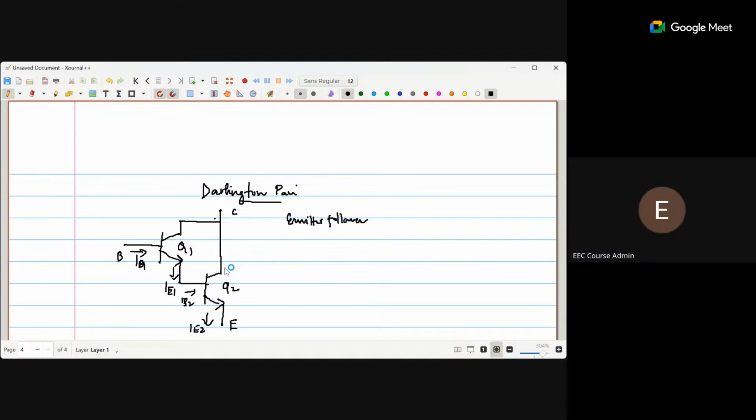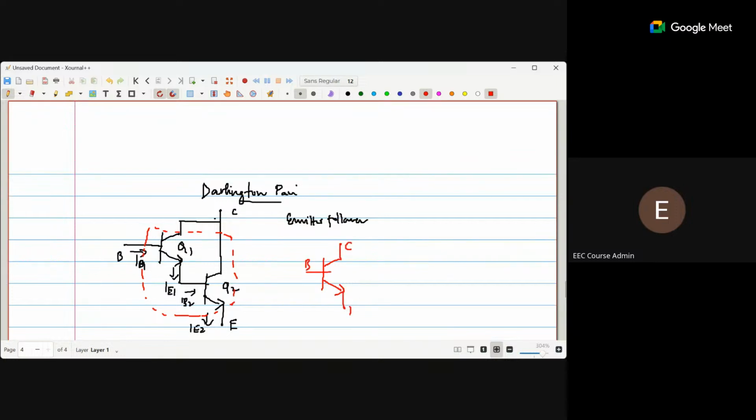Correct. Actually, if you see these two as a composite structure, altogether you can consider it a single transistor with 3 terminals coming out: collector, base, and emitter.